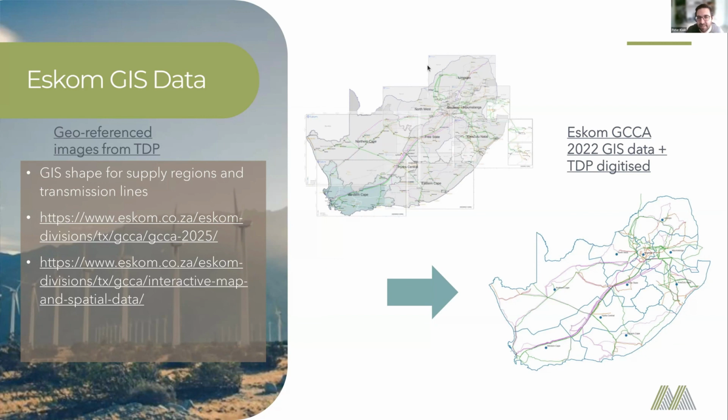But as I said, we had to manually digitize these images, and we are hoping that Eskom can help us by giving us the actual data, because that'll be a lot more accurate than us tracing lines, and it gets a bit difficult to see exactly where everything's going.